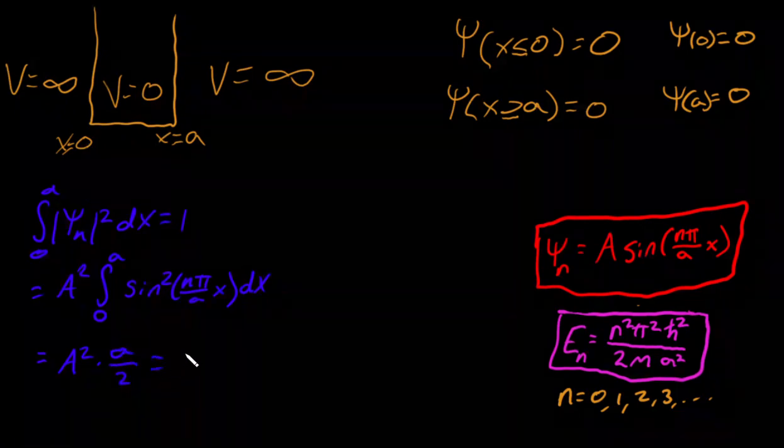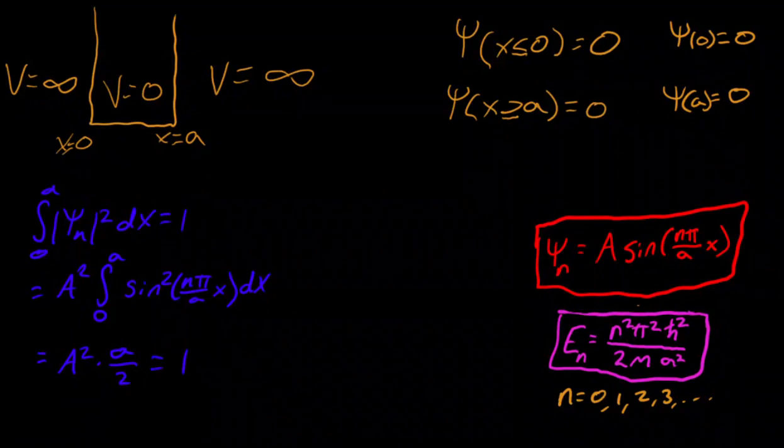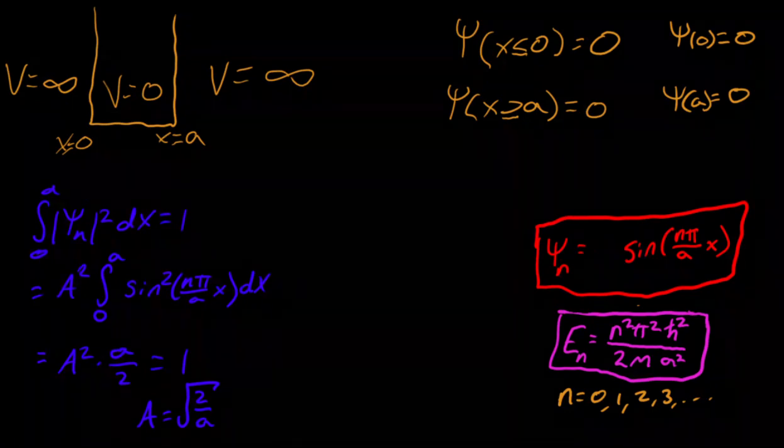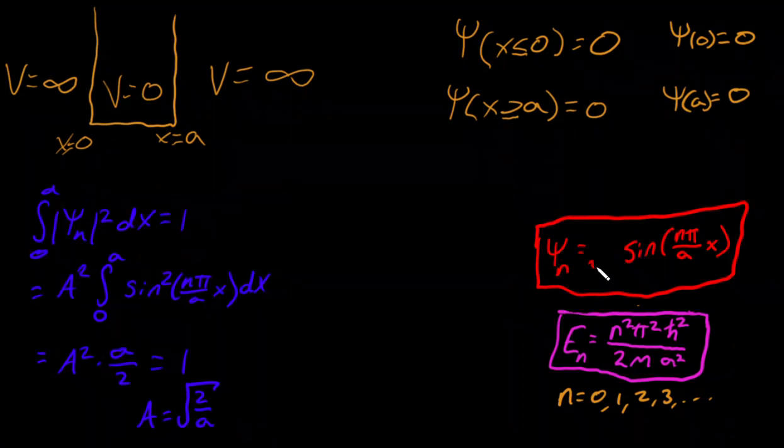But we know that this has to be equal to 1. And so if we solve for A, capital A is the square root of 2 over a. And now our wave functions are normalized. So let me plug that back in our equation here. Instead of this capital A, we have root 2 over a.